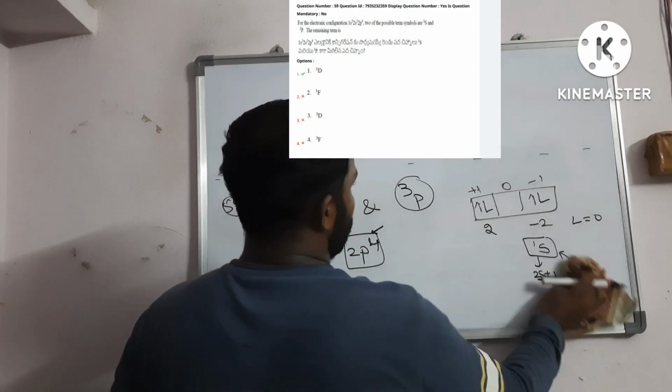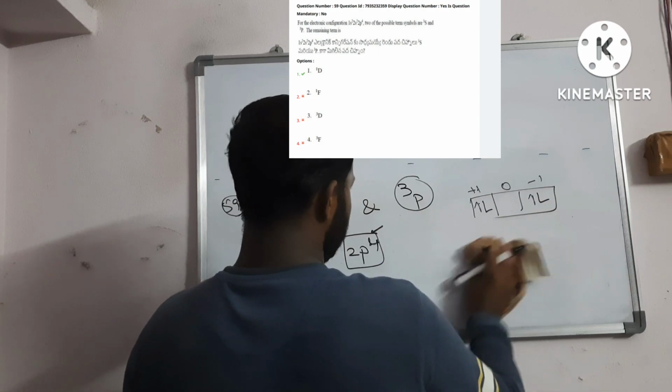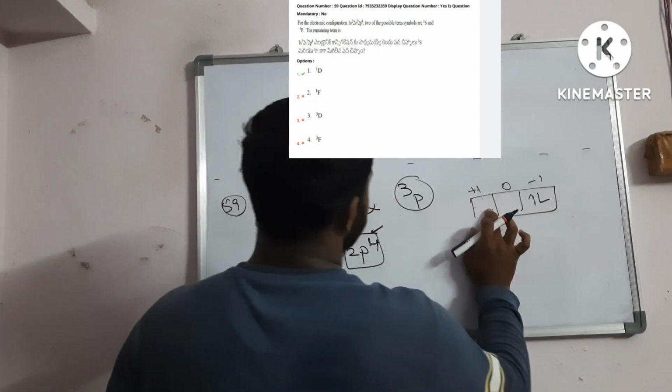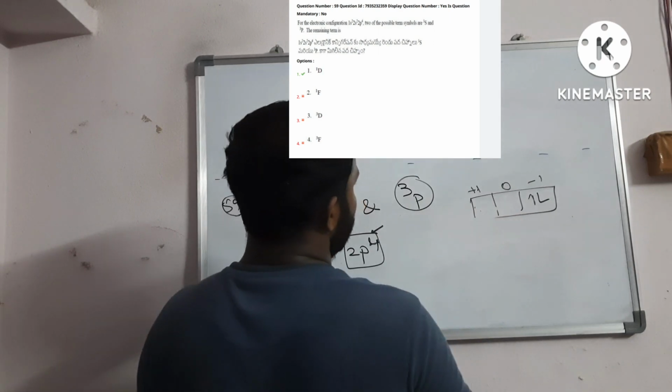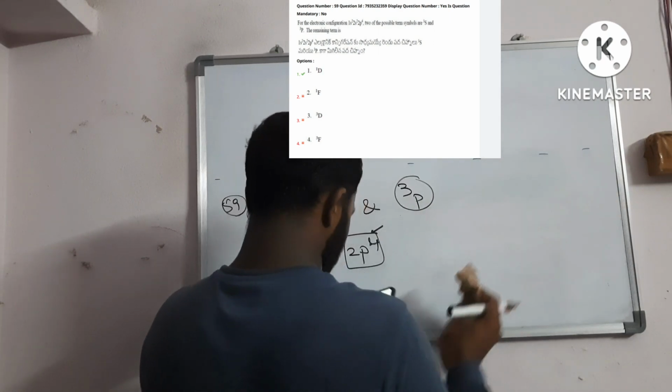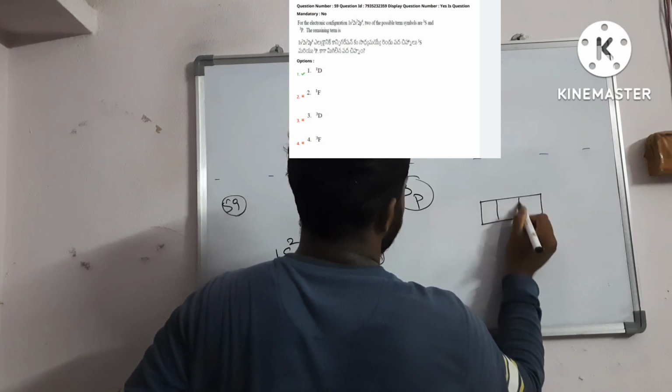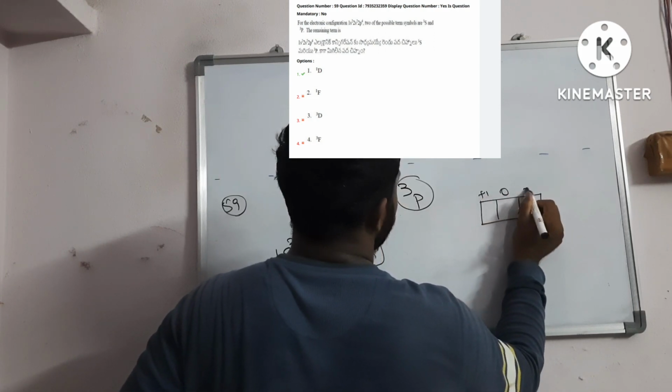Next, what is the next possible term? I can write 2 electrons paired here, with +1, 0, -1.